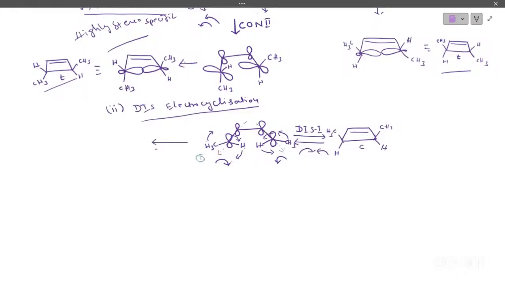Similarly, you can take the next pattern, the second one. At the first carbon it is anti-clockwise, and the second terminal is undergoing clockwise rotation. That means the rotation is like this. This can be shown like this. These two rotations.